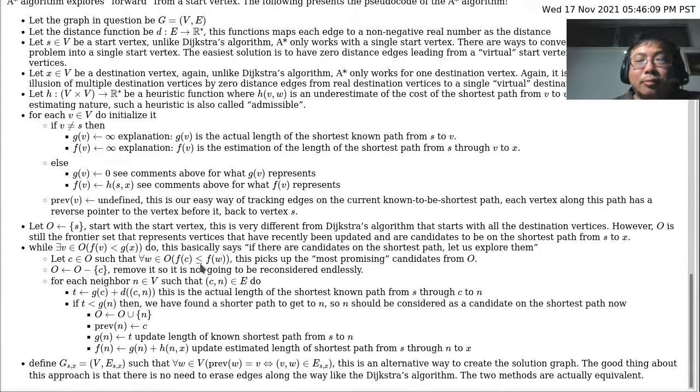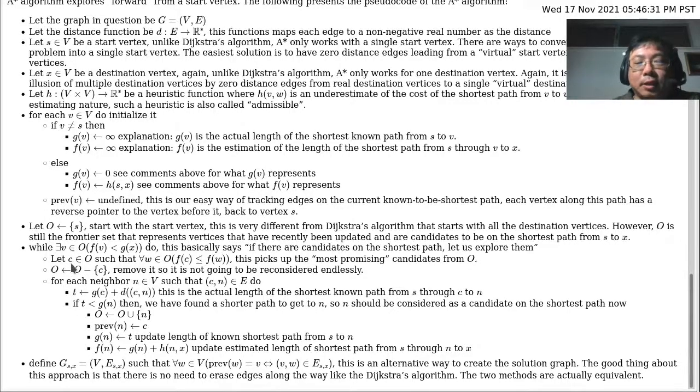It is an estimate of the length of the shortest path from the starting point through whatever vertex we are talking about to the destination. In other words, we're looking for the most optimistic option of all the options available. That's why we select C this way.